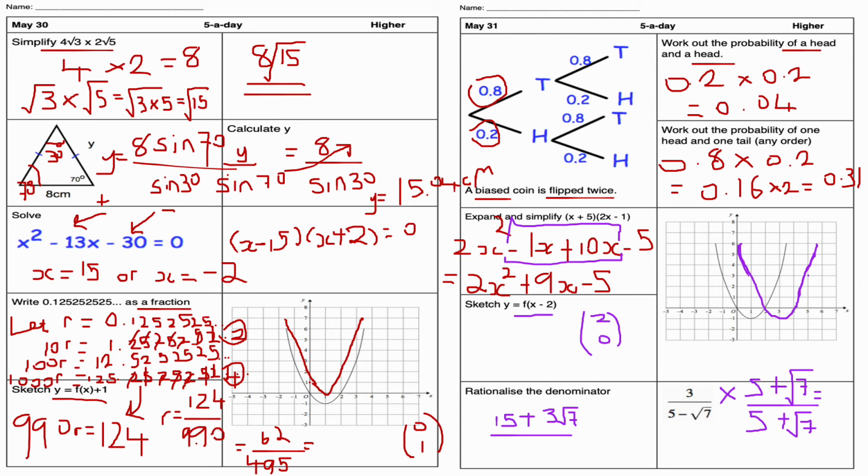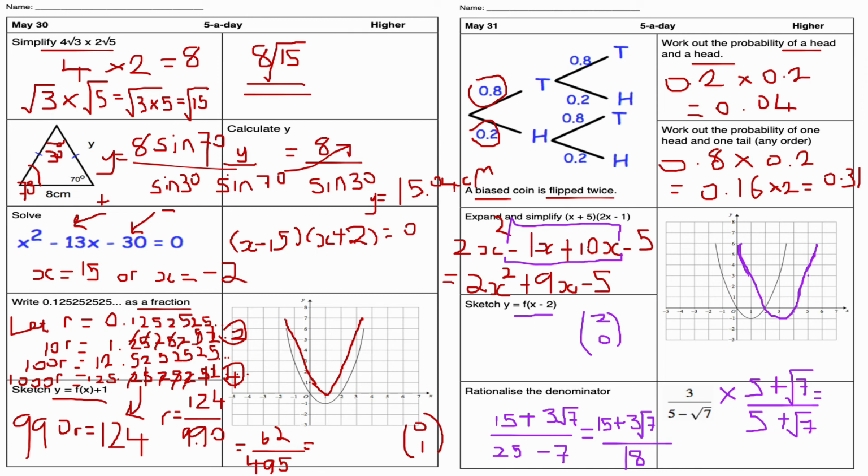Minus root 7 times positive root 7 is minus 7, so it's 25 take away 7, which is equal to 18 on the denominator. So we get the final answer of 15 plus 3 root 7 all over 18. I can simplify that if I want by dividing everything through by 3, but it's okay to leave it like that as your answer.